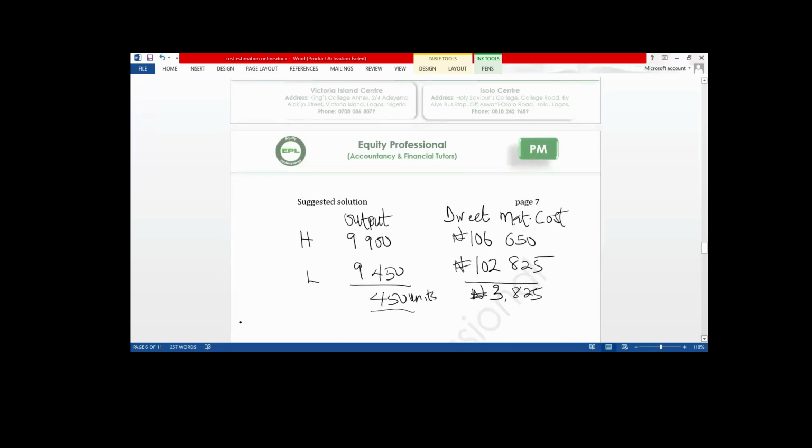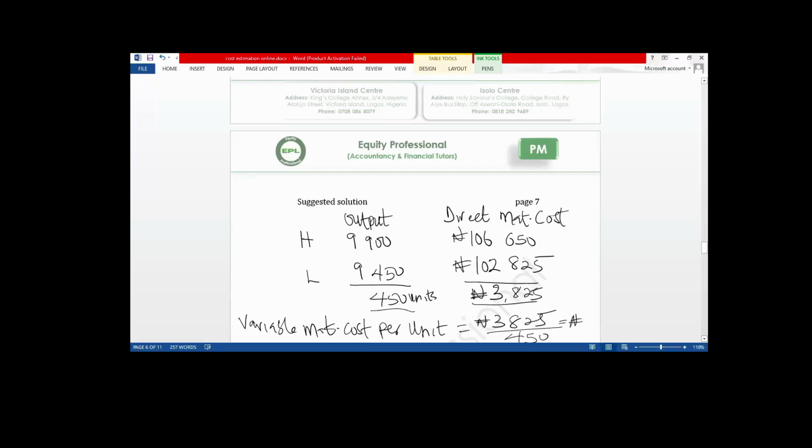Variable material cost per unit is equal to 3,825 divided by 450. What do you have, please? 8.5. 8 naira 50 kobo, please.